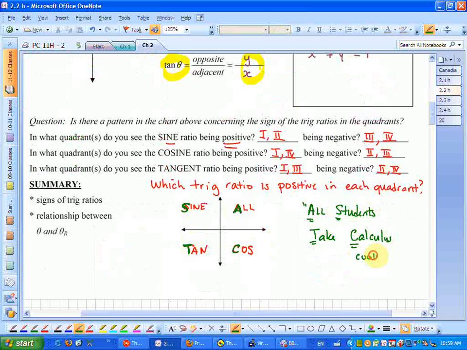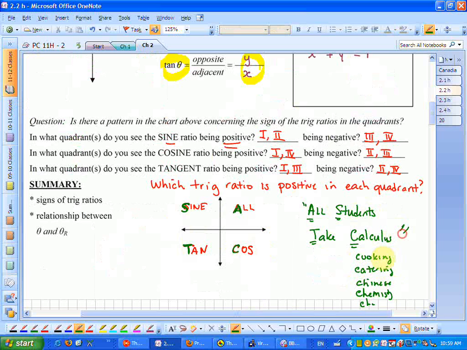Catering, that's kind of like cooking. Chemistry, choir, whatever other C words you can think of. But anyways, ASTC: All Students Take Calculus. That's going to help you memorize which ratios are positive in which quadrant.